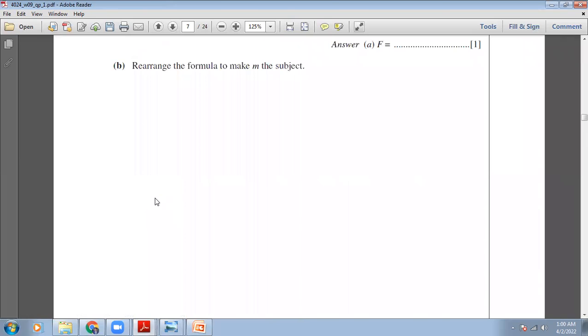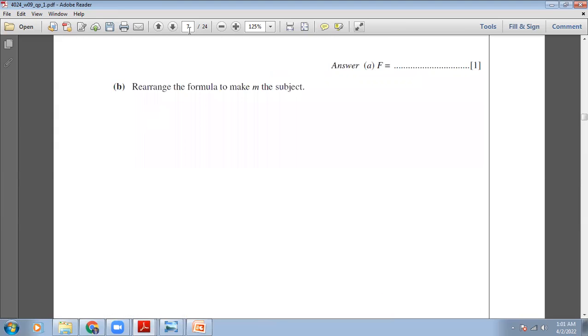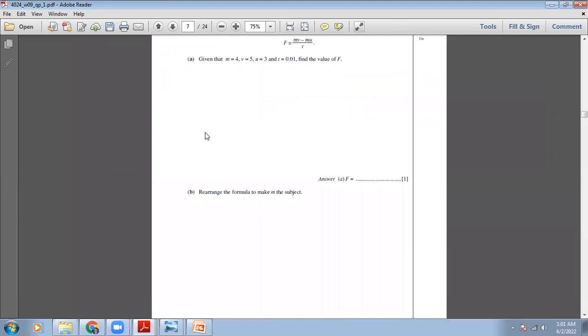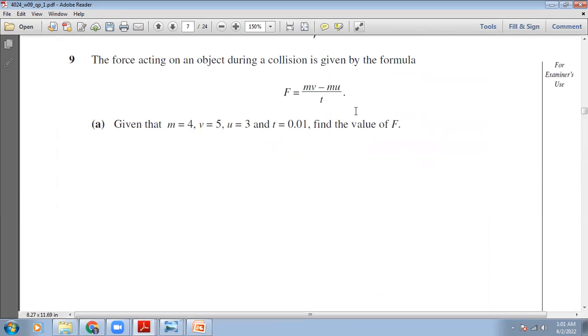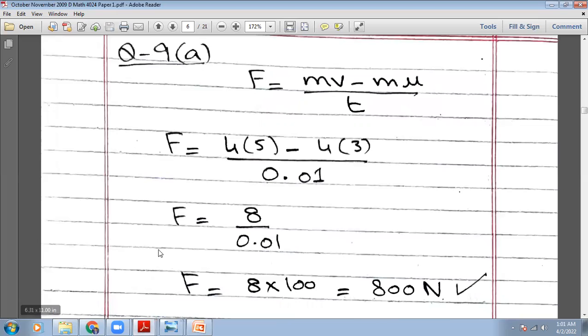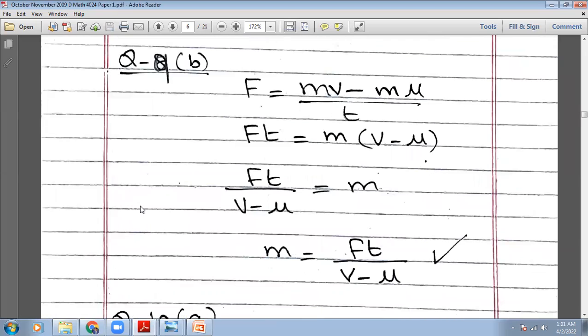Then it says, rearrange the formula to make m the subject. So it's a 2-mark question. You have to make m the subject of the formula. So this is the formula, and from here I have to make m the subject. So we will take m common from the numerator.